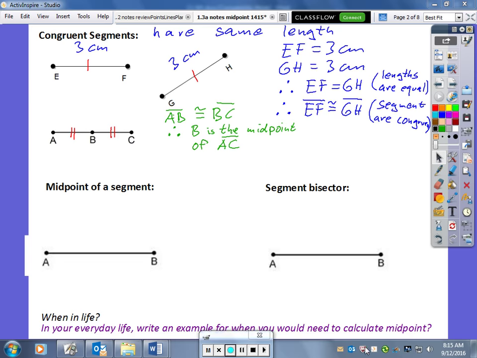So what then is the midpoint of a segment? The midpoint is a point and it divides the segment into two congruent parts.